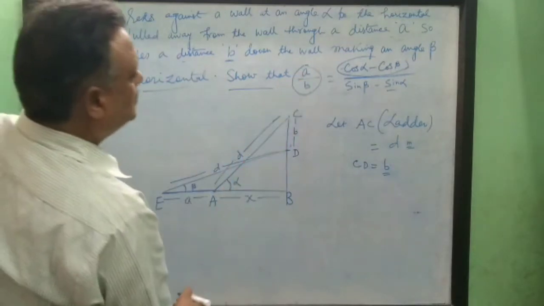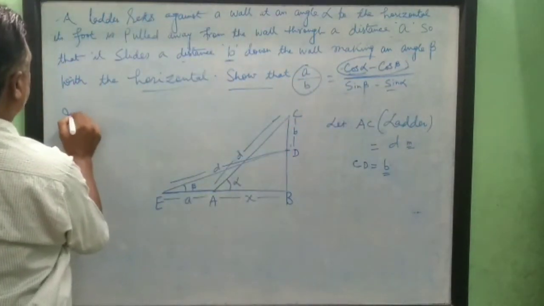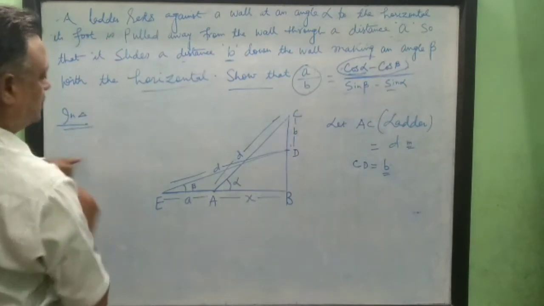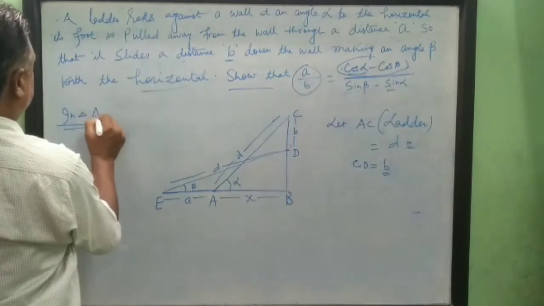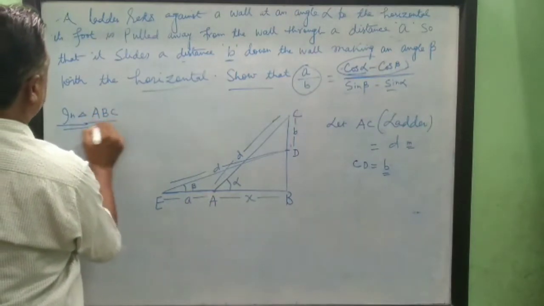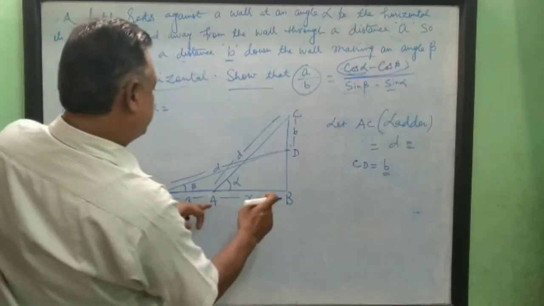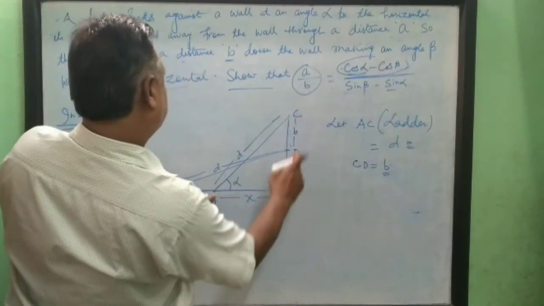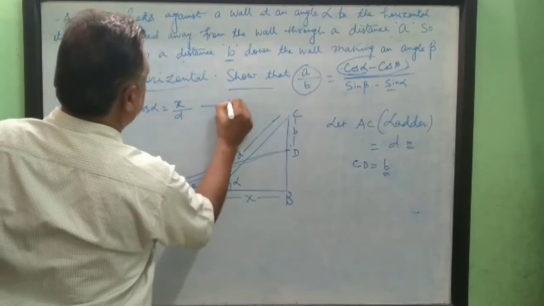Now cos alpha in triangle ABC. Cos alpha, it is base by hypotenuse, so x by d. Let equation 1.